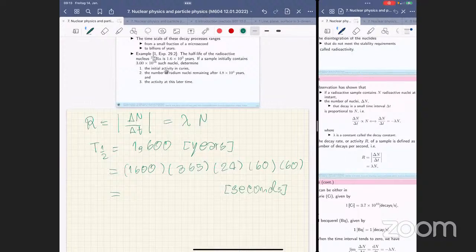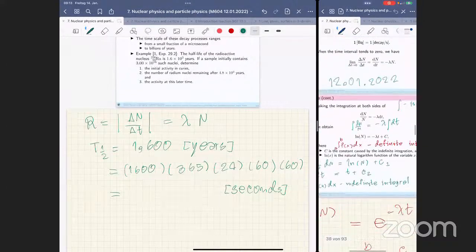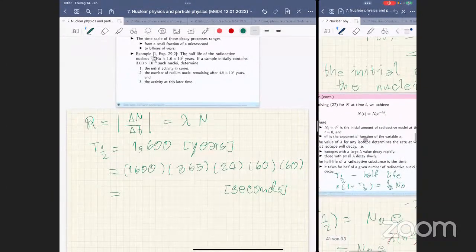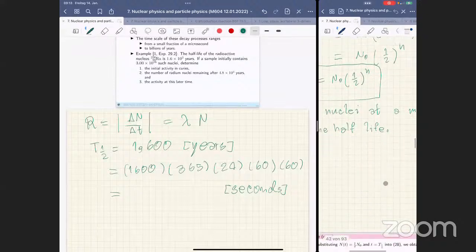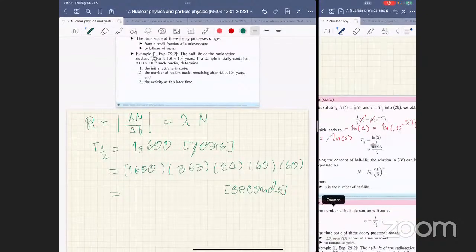And once you know T half, you could get lambda from this relation.